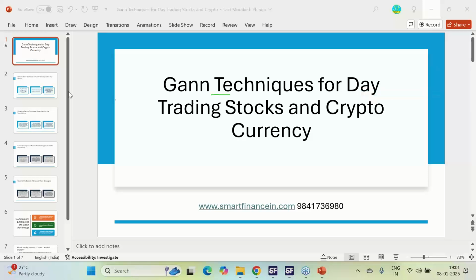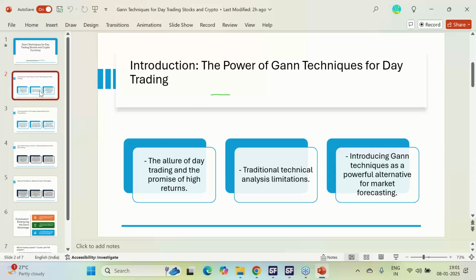So when I talk about the WD Gann technique, what is the power of Gann technique in day trading? Normally when you take a day trade, meaning an intraday trade, you use leverage.